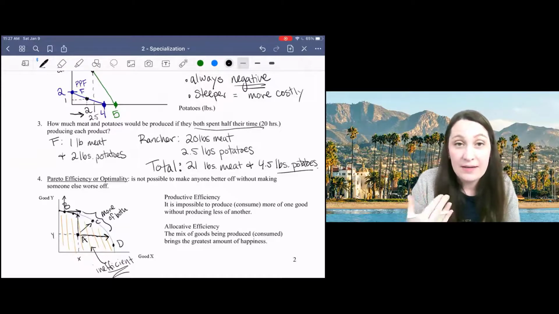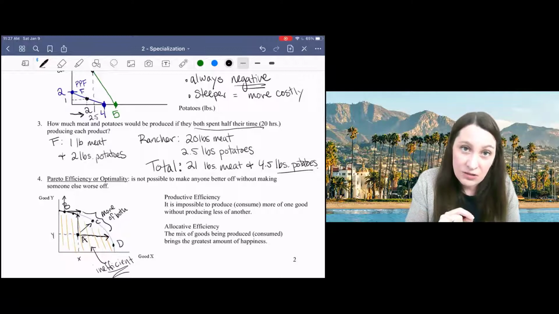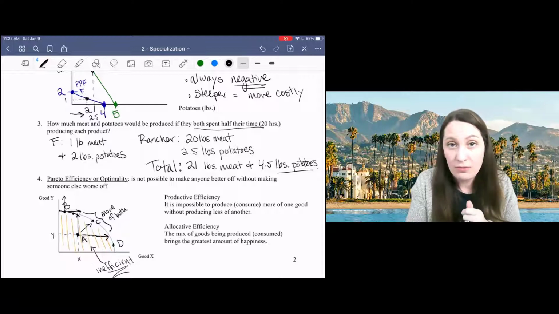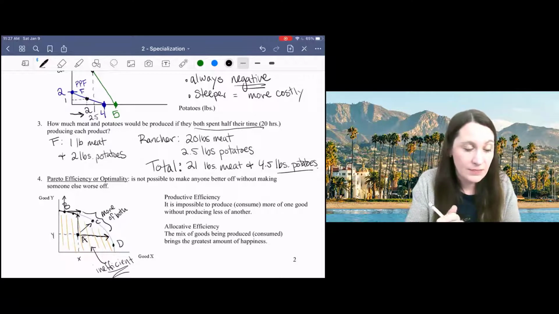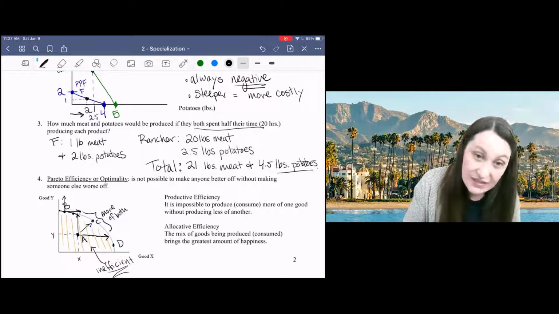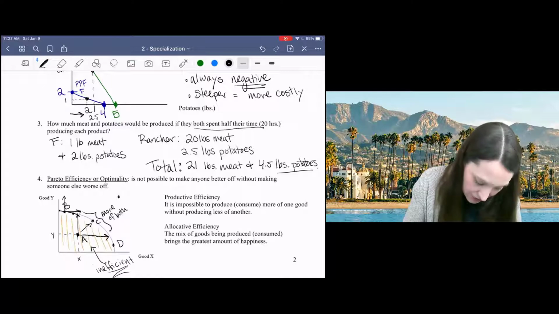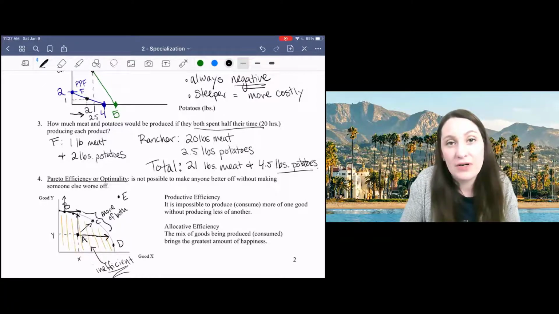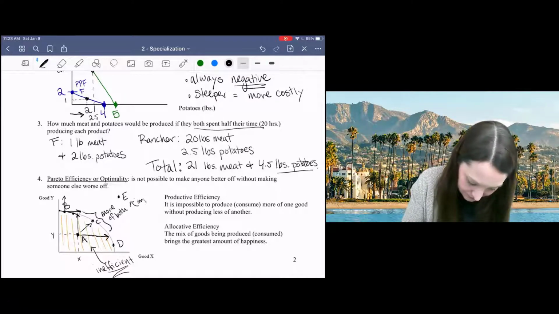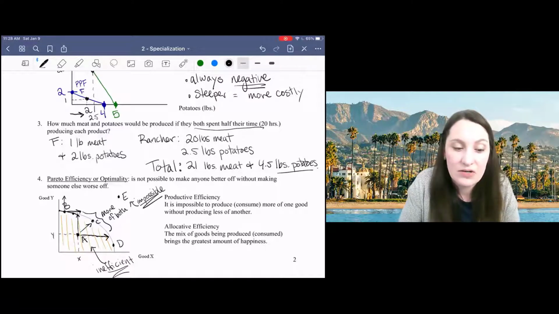We're constrained by our resources, and the frontier represents this trade-off between one good and the other good. So points along the production possibility frontier are efficient, points below are inefficient, and points above the production possibility frontier look great, but they're impossible. It's not possible to produce at point E given our current resource constraint.